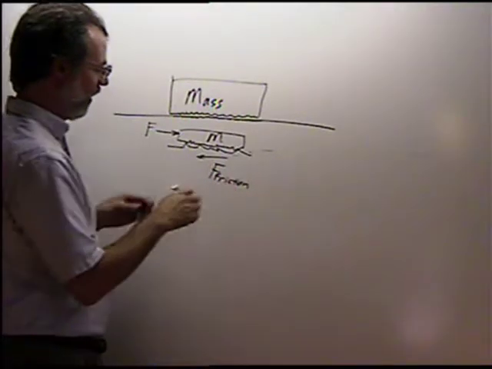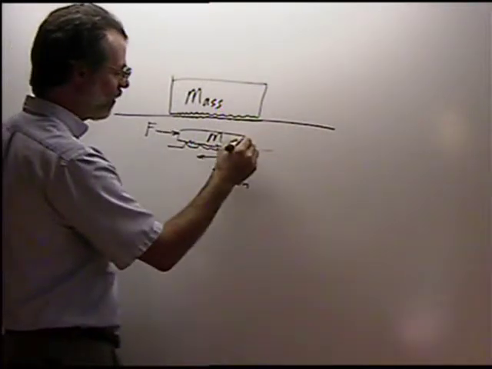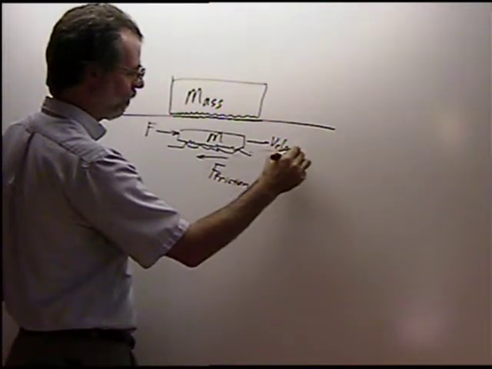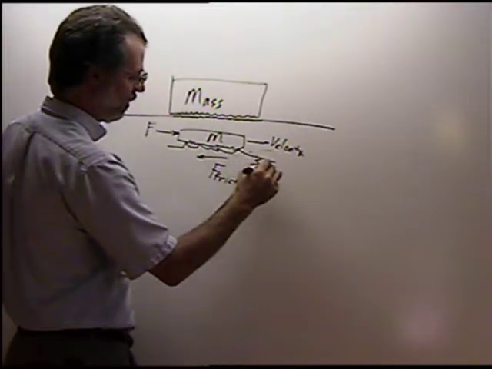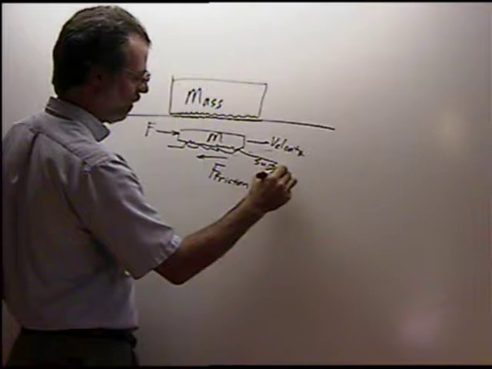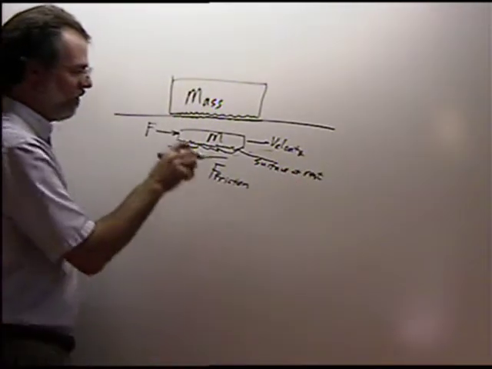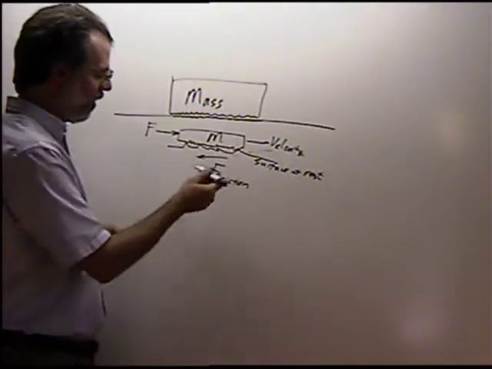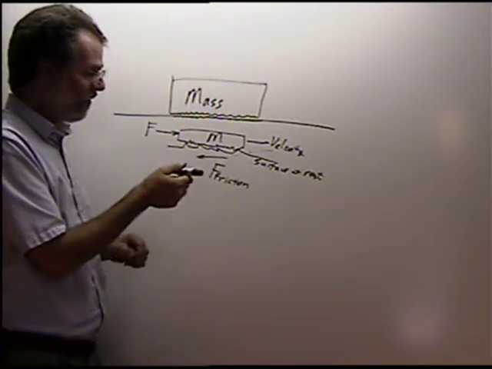And the force of friction always acts opposite to the velocity of the mass. Here is the surface at rest. If the velocity of the object is going this way, friction always acts opposite. And it has to always act opposite.